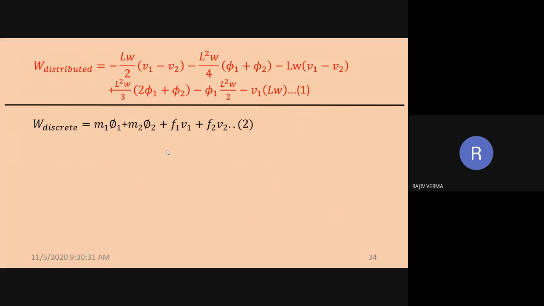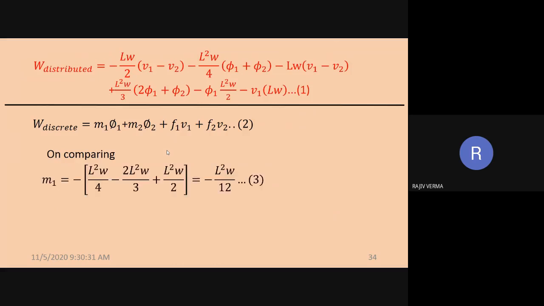But the discrete work done obviously is given by equation number 2. We simply compare the terms of equation number 1 and equation number 2 and find that m1 is given by expression number 3. Similarly, m2 is the moment acting at node number 2, and f1 and f2 are the two forces acting at node number 1 and node number 2.